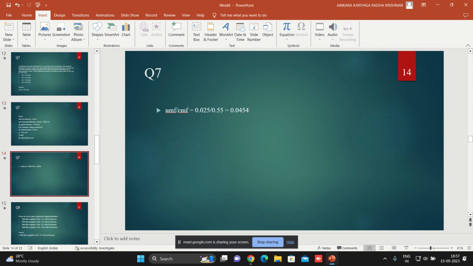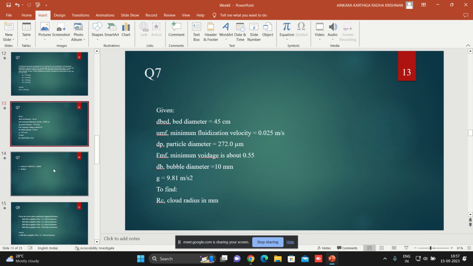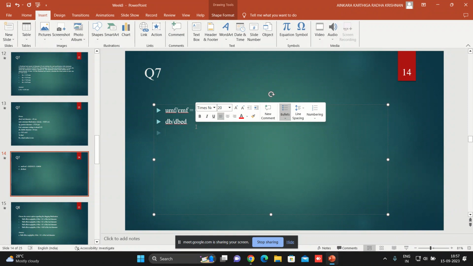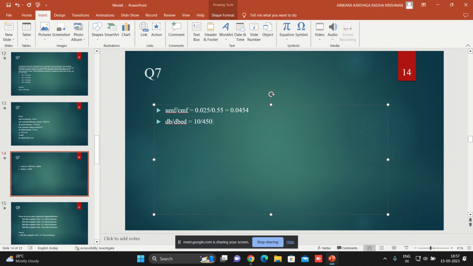What is d_B? 10 mm. d_bed is 45 centimeter. So d_B by d_bed is 10 divided by 450, which is 1 by 45, 0.02222. Again, this is less than 0.125.